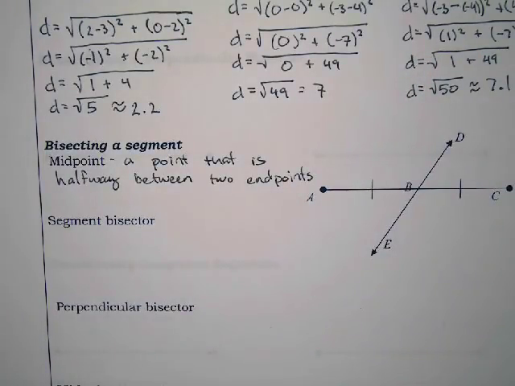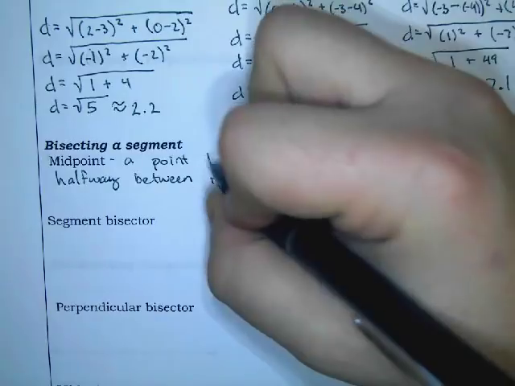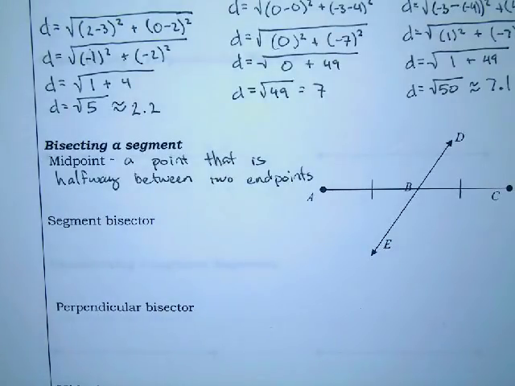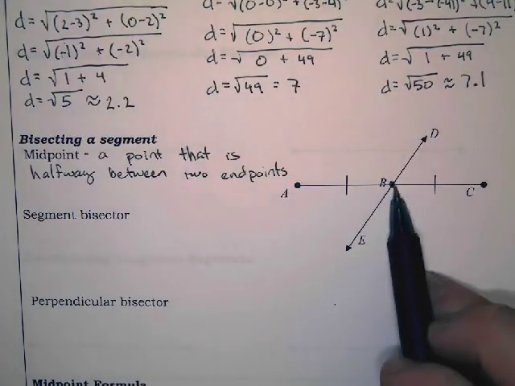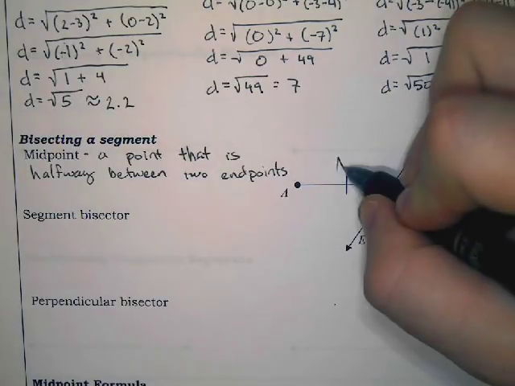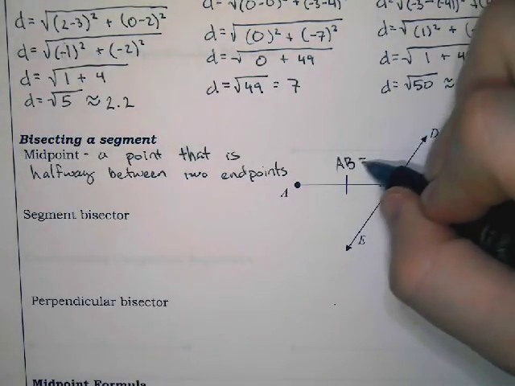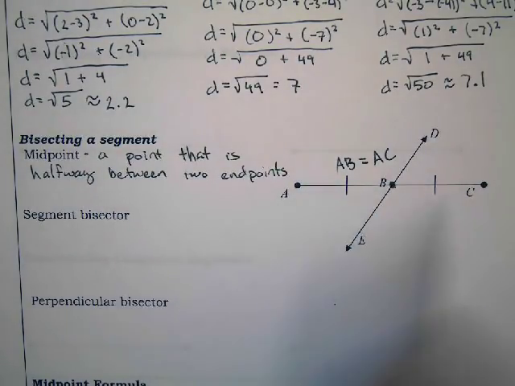So in our picture right here, B is the midpoint between A and C. So we can say that AB is equal to BC because B is cutting this AC in half.